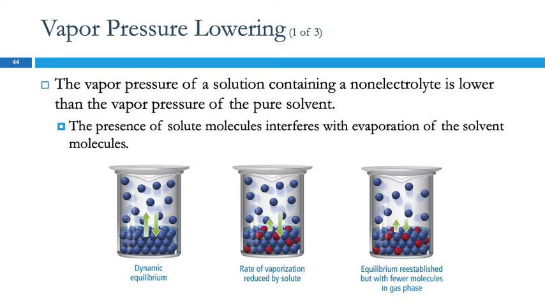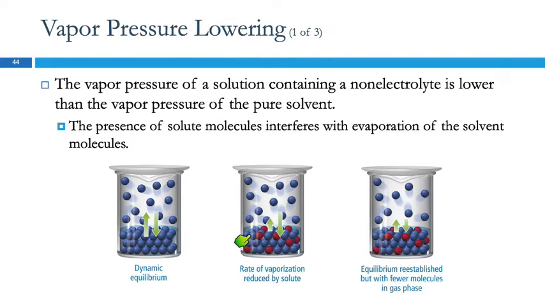Okay, so vapor pressure lowering. We talked about vapor pressure. So here we have a liquid in a closed container, and we have evaporation, and we have condensation, and they come to a dynamic equilibrium, and there is a partial pressure to this solvent in the gas state.